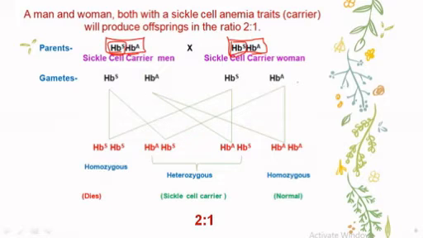So you can see here 4 offspring are formed, but the offspring which is homozygous for sickle cell anemia, that is HbS, dies in that generation itself.